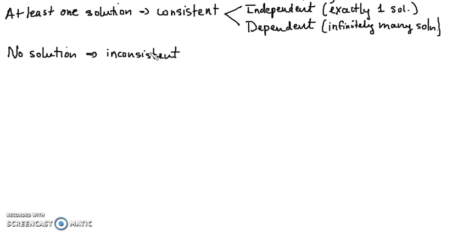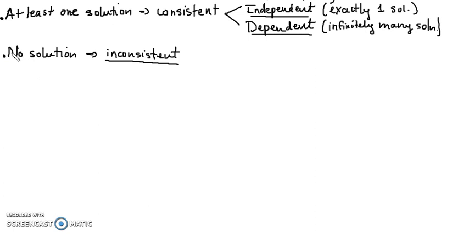So if you take a look at this, you will see that there are 3 scenarios that demonstrate the relationship between two linear equations or two linear graphs. One is inconsistent, the other one is independent, the third one is dependent. So again, we have two big categories. One is no solution, then the system is called inconsistent.